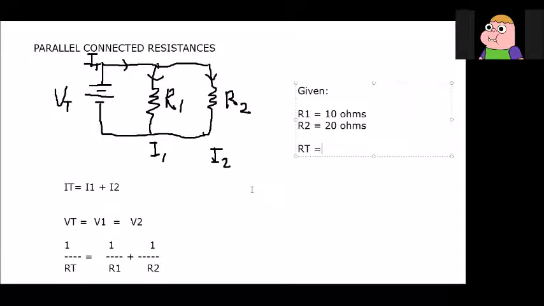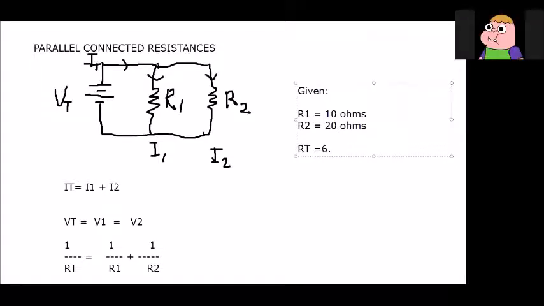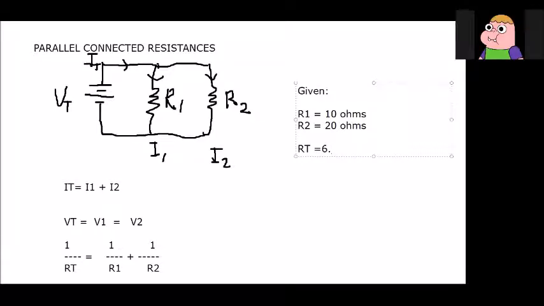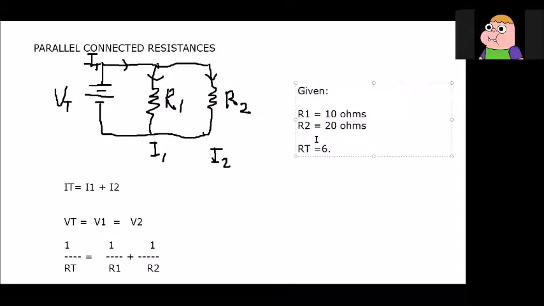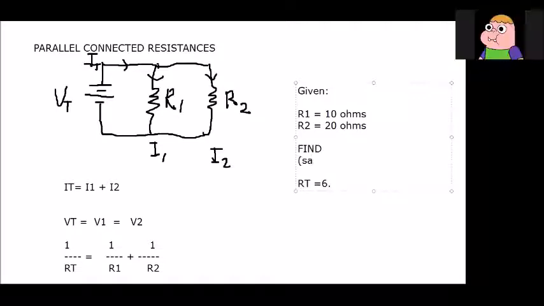So 1 over our total is 1/10 plus 1/20. So if we want to find the solution, let's say find A, our total resistance.